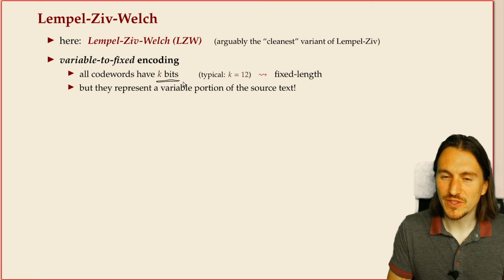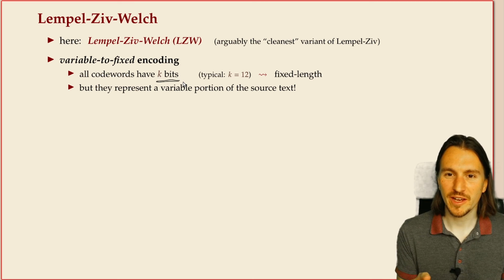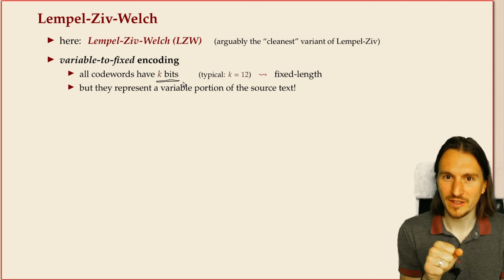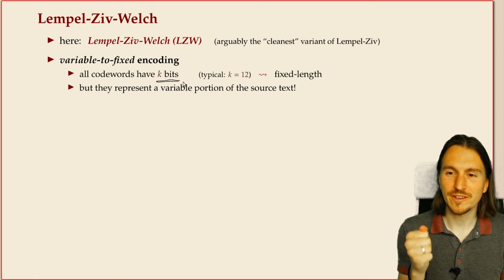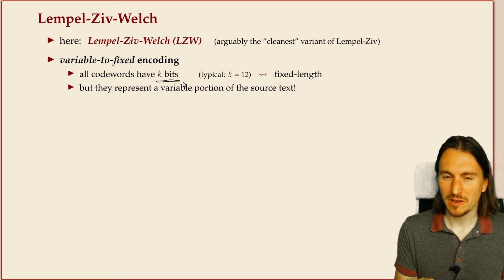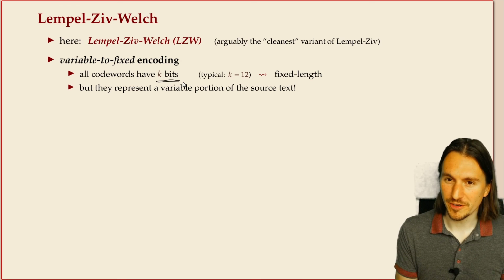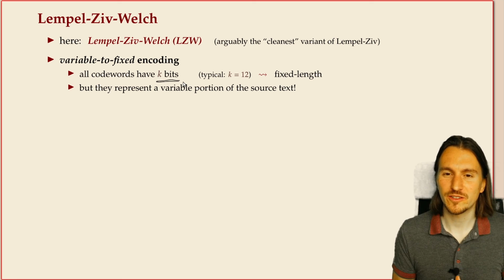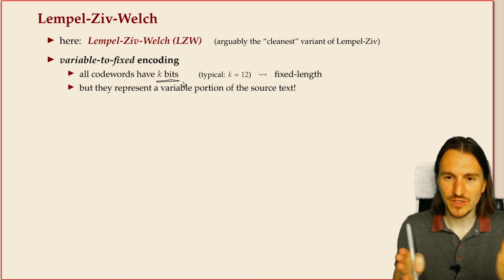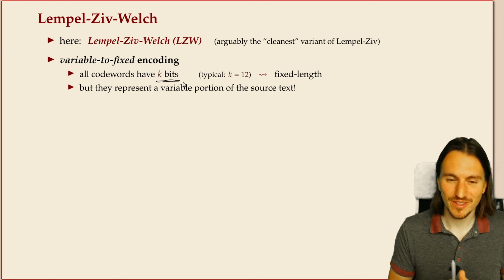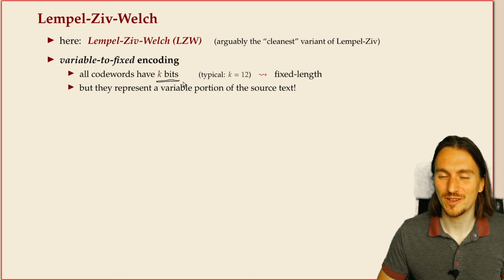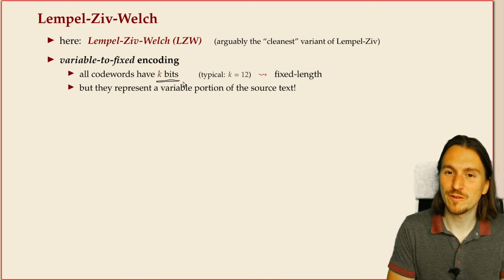And this is the opposite of what we used in Huffman. There we had a fixed to variable encoding. Fixed was one character is encoded at a time. Variable was the length of the code word. Here we flip this around. We do it just the opposite way. We represent something of various length, and the method will have to tell you how this works. And it's represented by a fixed length code.